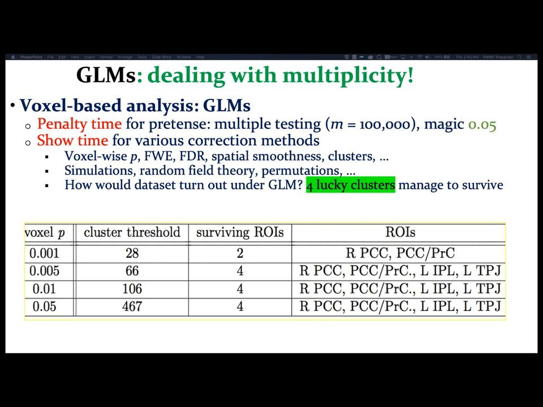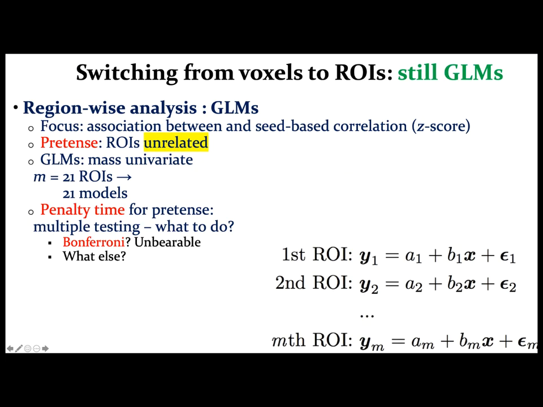So can we do something different? Suppose instead of focusing on the voxels, we focus on 21 ROIs. We're not doing voxel-wise analysis; let's just focus on ROIs to demo the modeling approach. Those 21 ROIs were picked based on the literature, not based on the current study, from the literature related to the behavior, theory of mind, in this context. With those 21 ROIs, the traditional approach would still build 21 models.